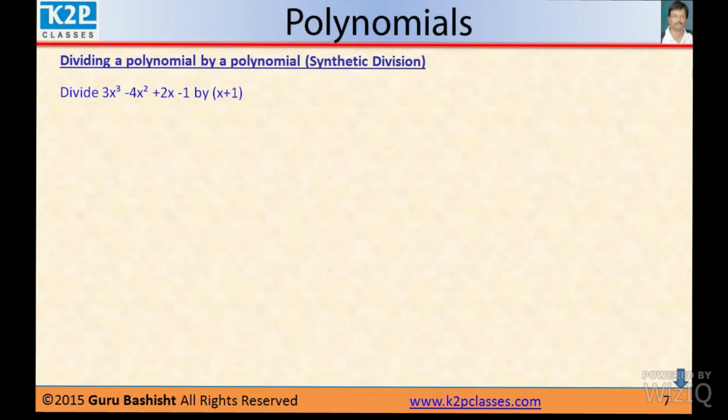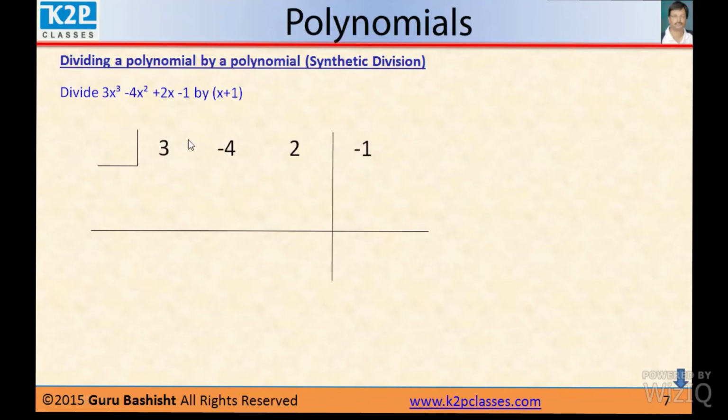Now the same thing we will do in the synthetic method. Here we have to divide 3x cube minus 4x square plus 2x minus 1 by x plus 1. So we have to draw like this.